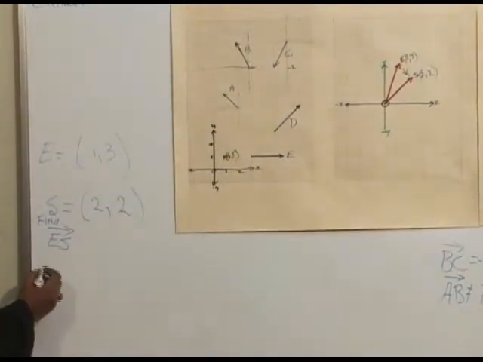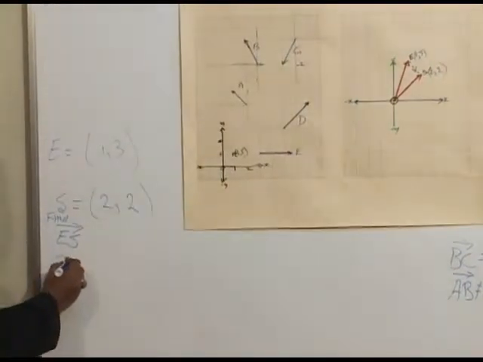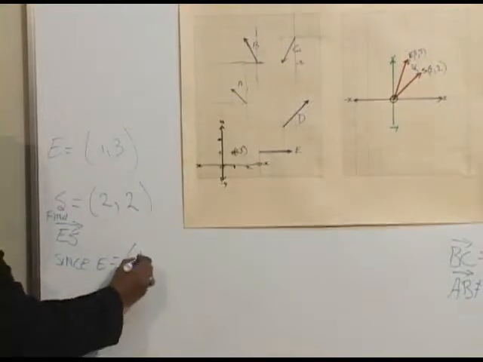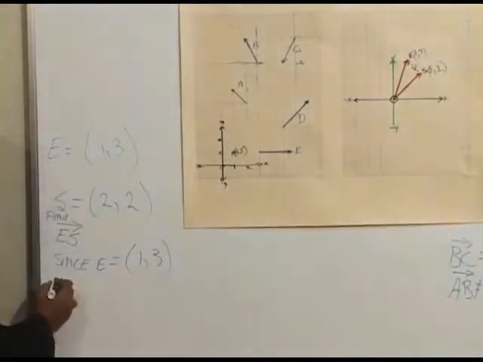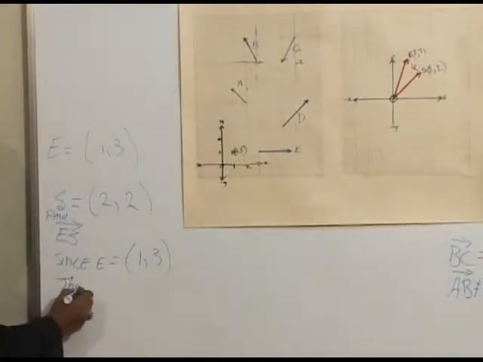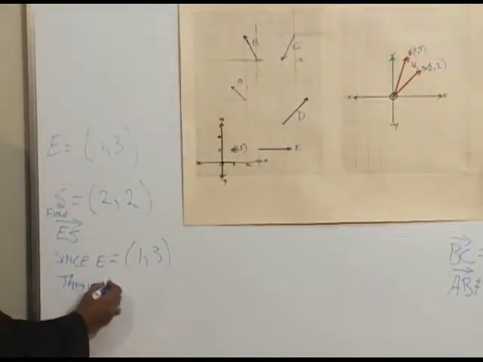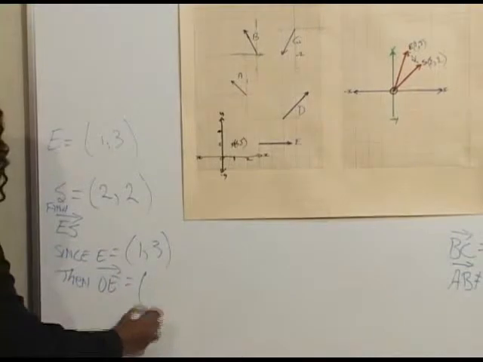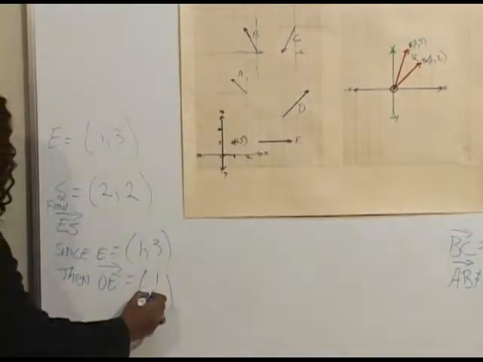So we will be stating, first of all, since E is equal to (1, 3), then OE would have been equal to the column vector (1, 3).